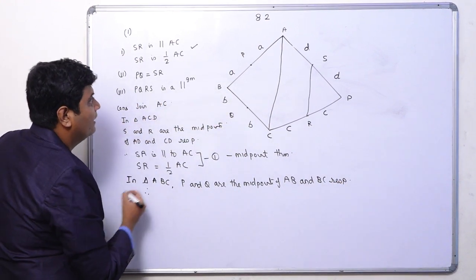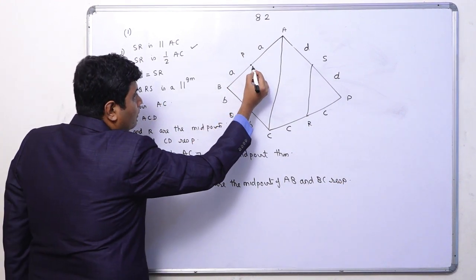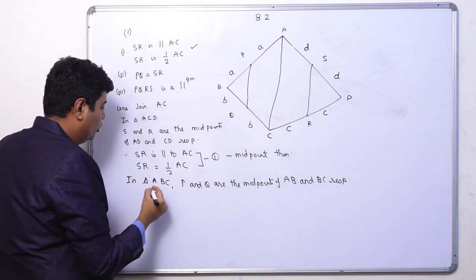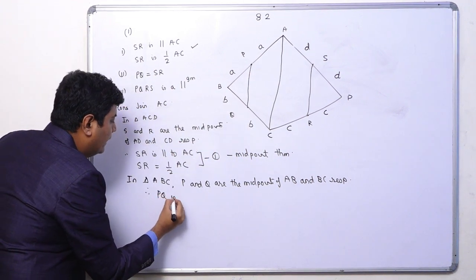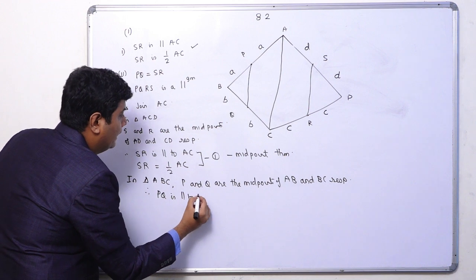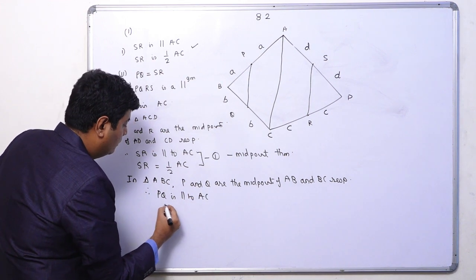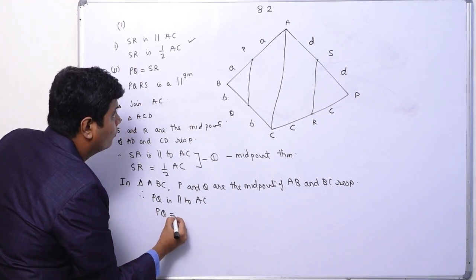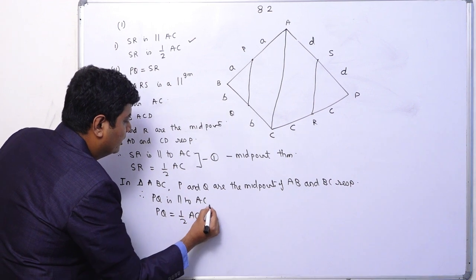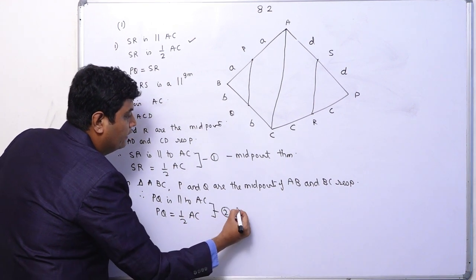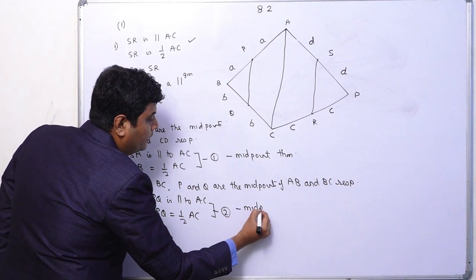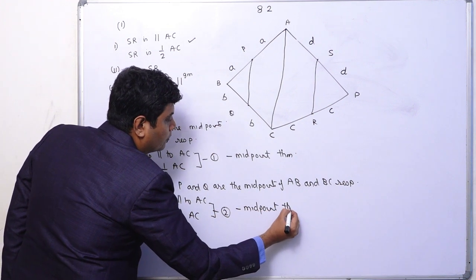So therefore, can I say PQ is parallel to AC and PQ is equal to half of AC? This I will name as 2. Again, this is nothing but the midpoint theorem.